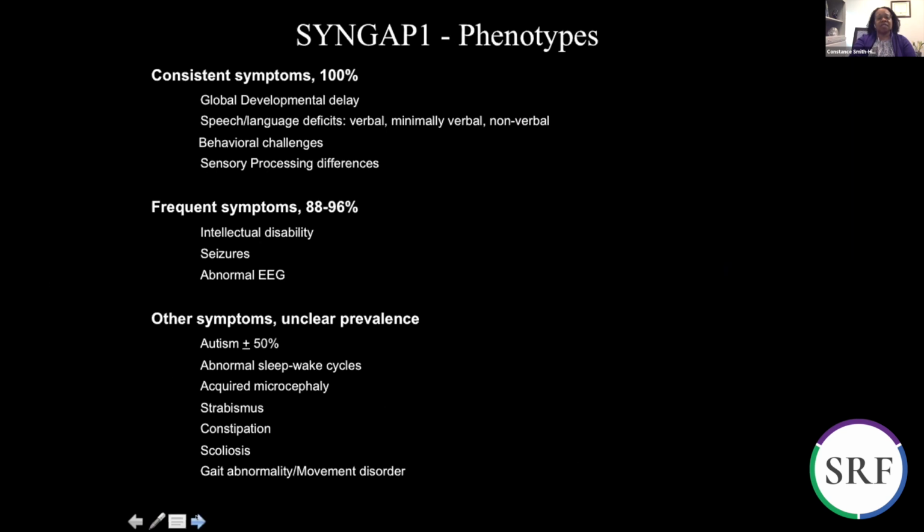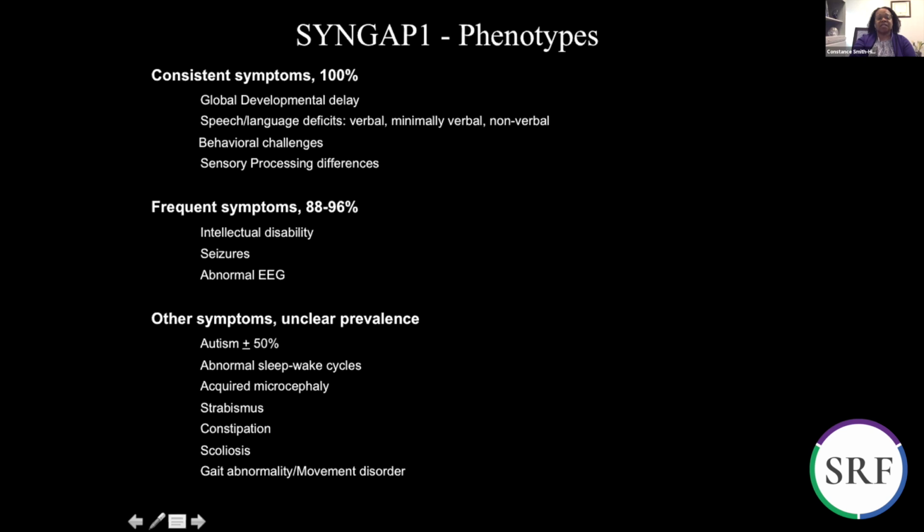All patients with SYNGAP1 are reported to have some degree of global developmental delay. Speech is primarily affected. Some are verbal, others are minimally verbal, and there are those who are nonverbal. Behavioral challenges are a common feature, as are sensory processing differences.